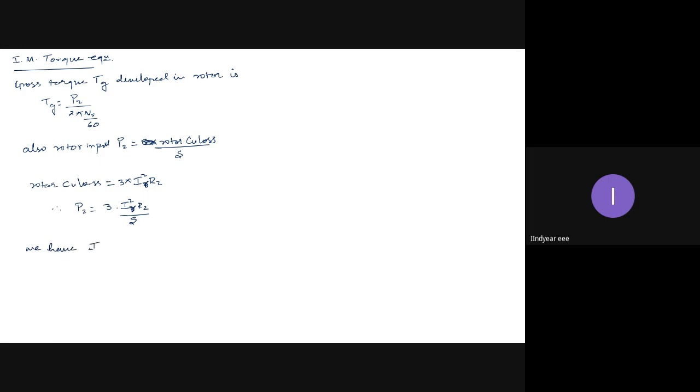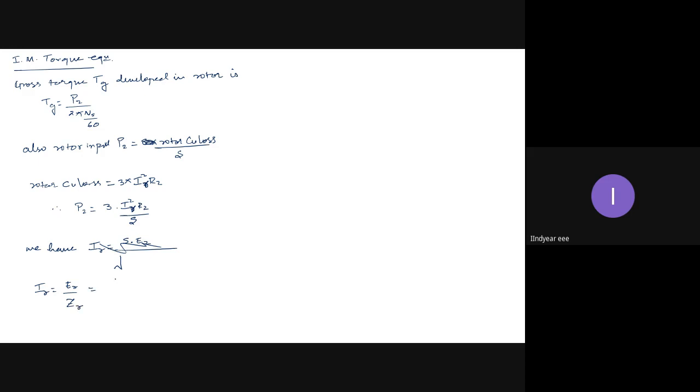We have IR equal to S into E2 divided by under root, that is ER divided by ZR. Let me write this once again. IR is equal to ER divided by ZR.